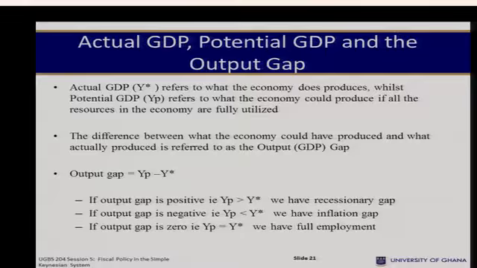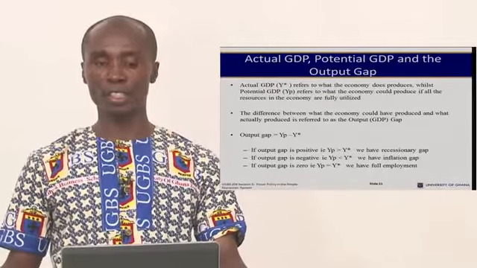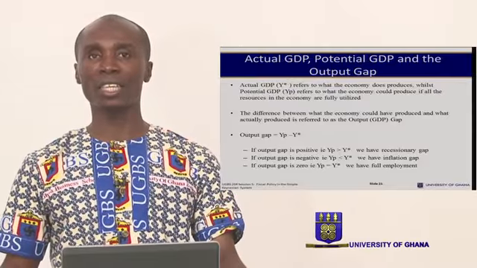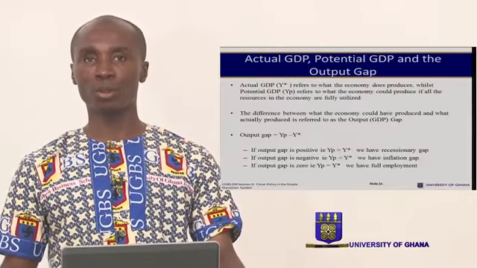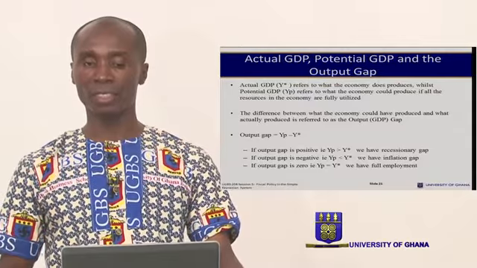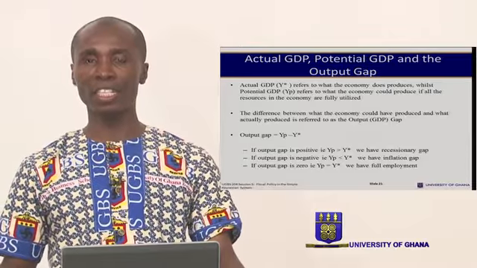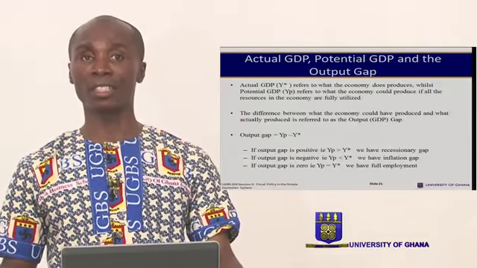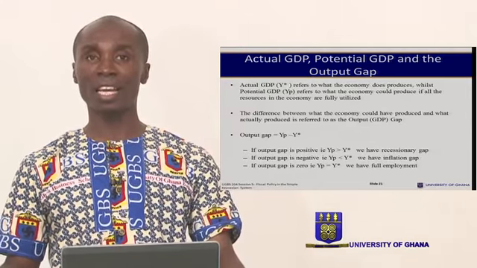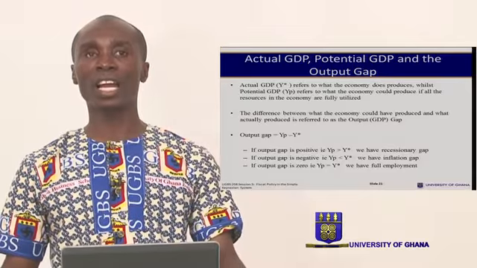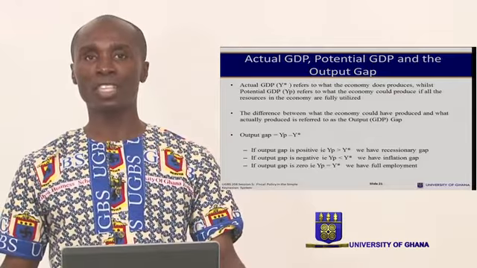Now, if the output gap is positive, that is, if the potential output is greater than the actual output, we say that we have a recessionary gap. So the special name given to a positive output gap is a recessionary gap. On the other hand, if the output gap is negative, that is, if the potential GDP is lower than the actual GDP, we have an inflationary gap.